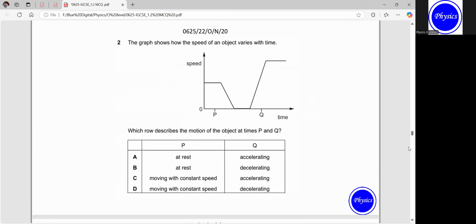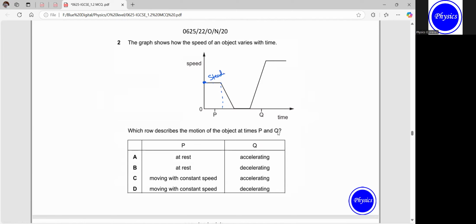The next one. The graph shows how the speed of an object varies with time. Which row describes the motion of the object at times P and Q? When you see a speed time graph like this, you can interpret speed and time. It is moving for this much time with the same speed, so constant speed. So here it is steady speed.